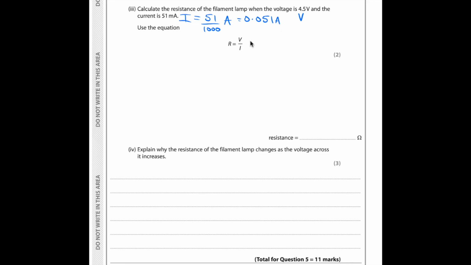Pop the numbers in. So that's 4.5 volts divided by 0.051 amps. And that comes out as 88.235 ohms. And we'll just round it up to 1 decimal place. So 88.2.